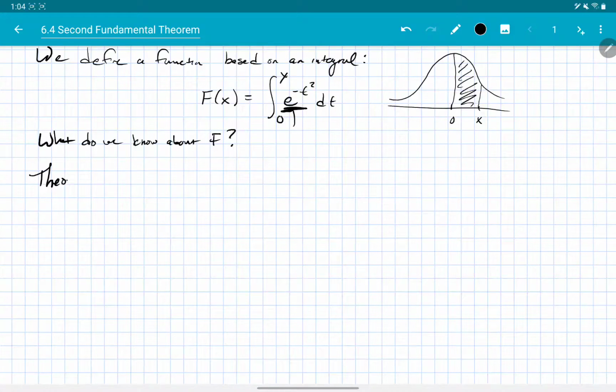So this is Theorem 6.2, sometimes called the second fundamental theorem of calculus.